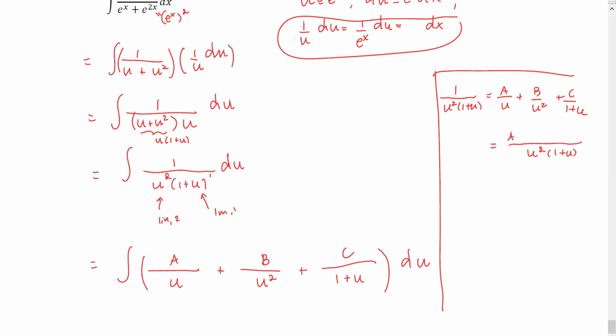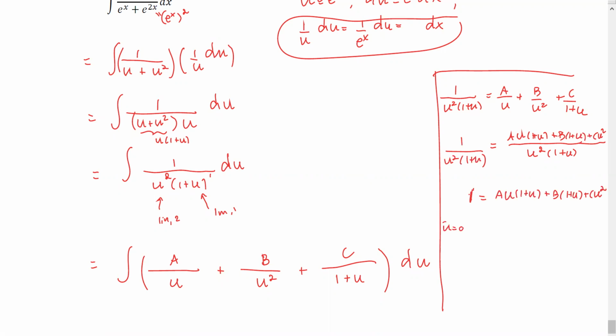We multiply a with u and 1 plus u, multiply b by the factor 1 plus u, and multiply c by u squared, equals 1 over u squared times 1 plus u. The left numerator equals the right numerator. So 1 equals a times u times 1 plus u, plus b times 1 plus u, plus c times u squared. Pick the convenient numbers again.